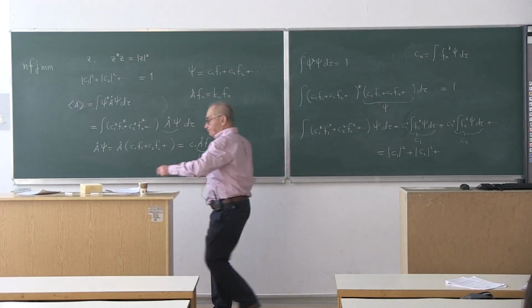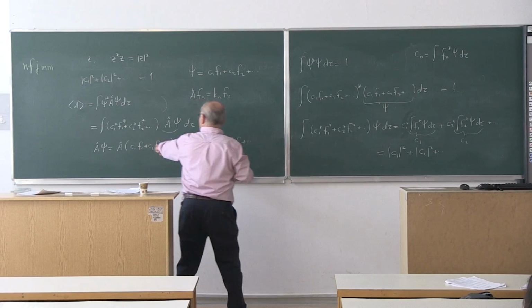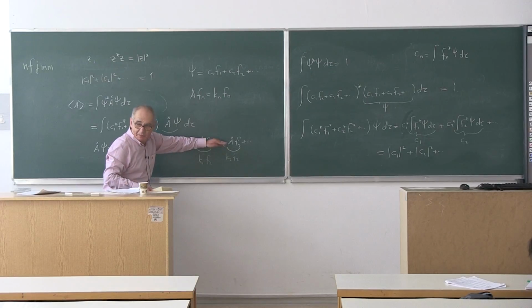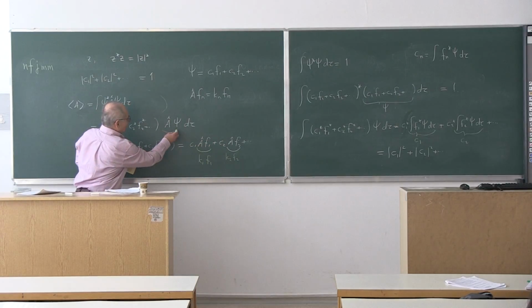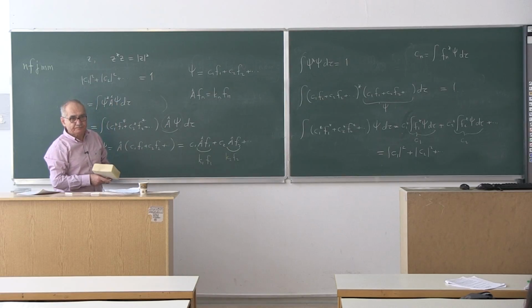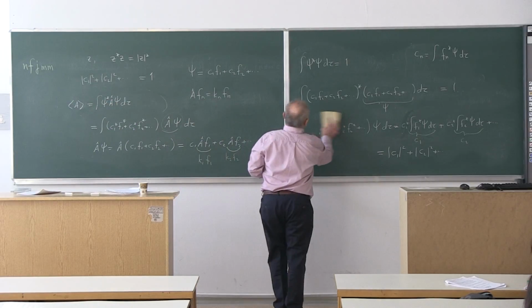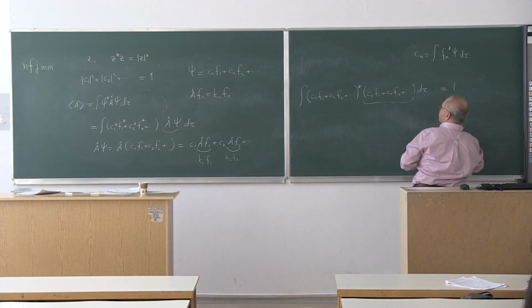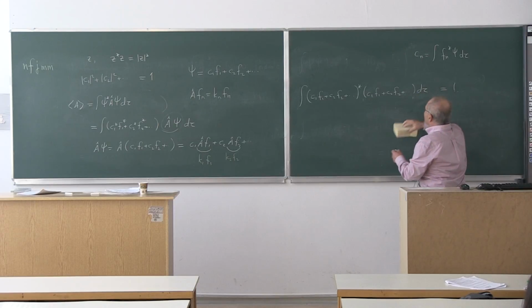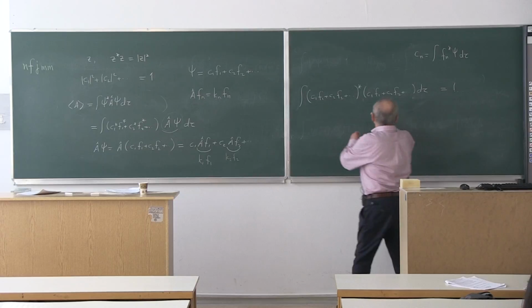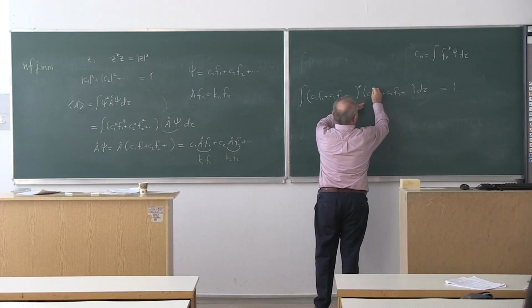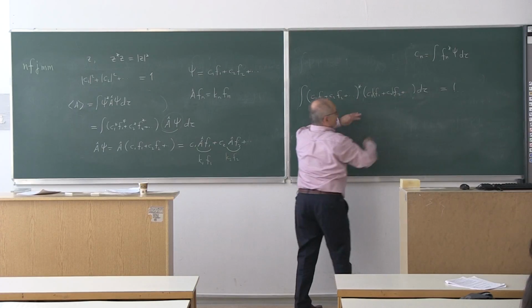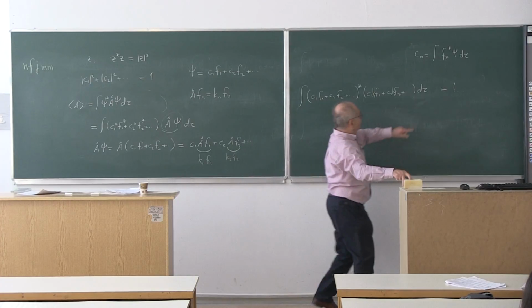So now we take this simplified expression and put it in place of A psi. What will happen is, here put K1, K2, and of course this is no longer 1.